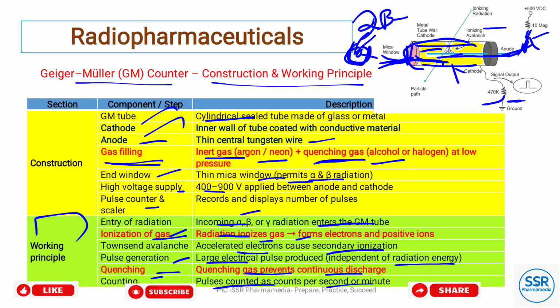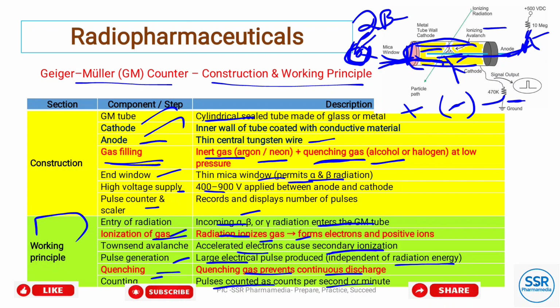Due to the ionization, positive ions and negative ions, the electrons, are produced. The negative ions, the electrons, move towards the anode, and the positive ions move towards the cathode.